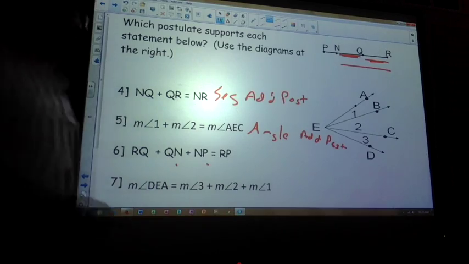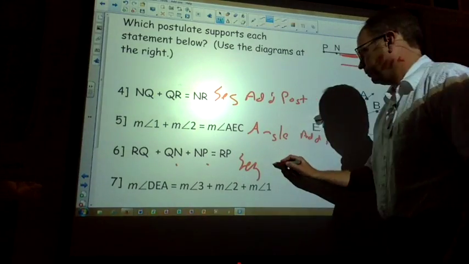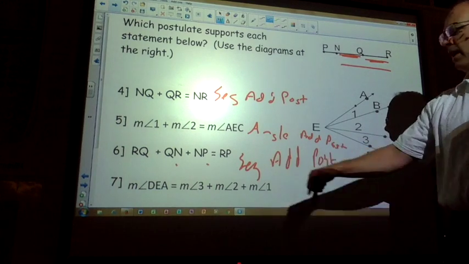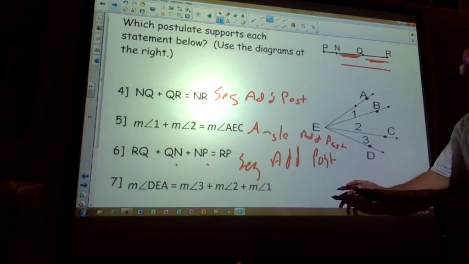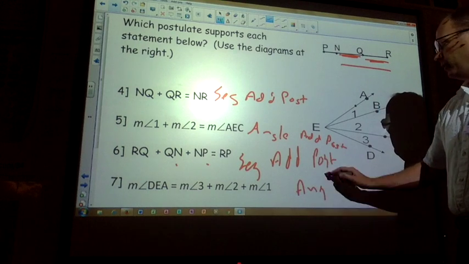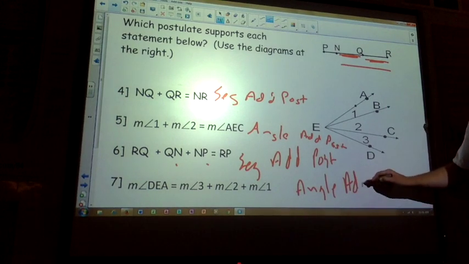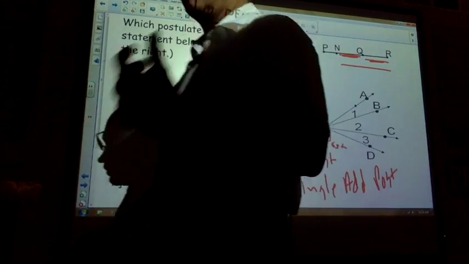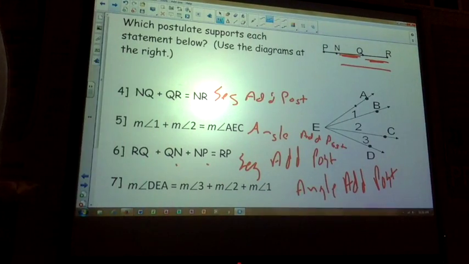It's still segment addition. And if I add 3 angles together to get a big angle, angle addition postulate. So segment addition, angle addition, transitive. It's definitely building towards what you're already going to have on the quiz. Can I move forward?